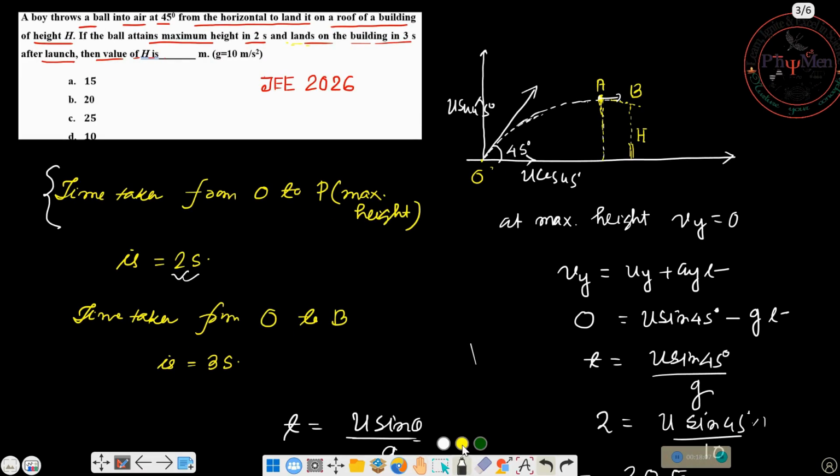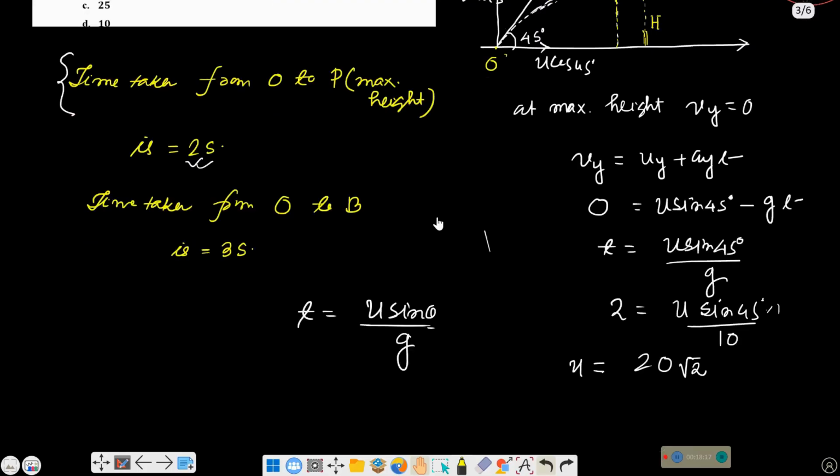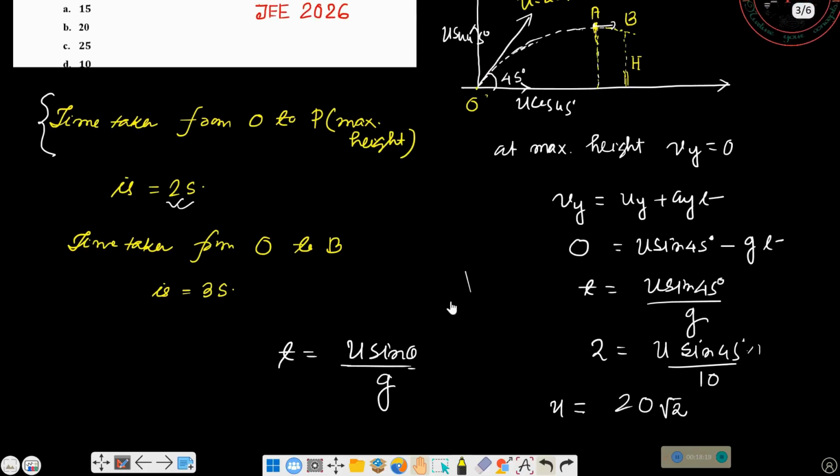So we got this U as 20 root 2, right? Okay. Now we need to find the height of this building. So to land at this particular point B, the y displacement of the projectile becomes the height of the building, right?